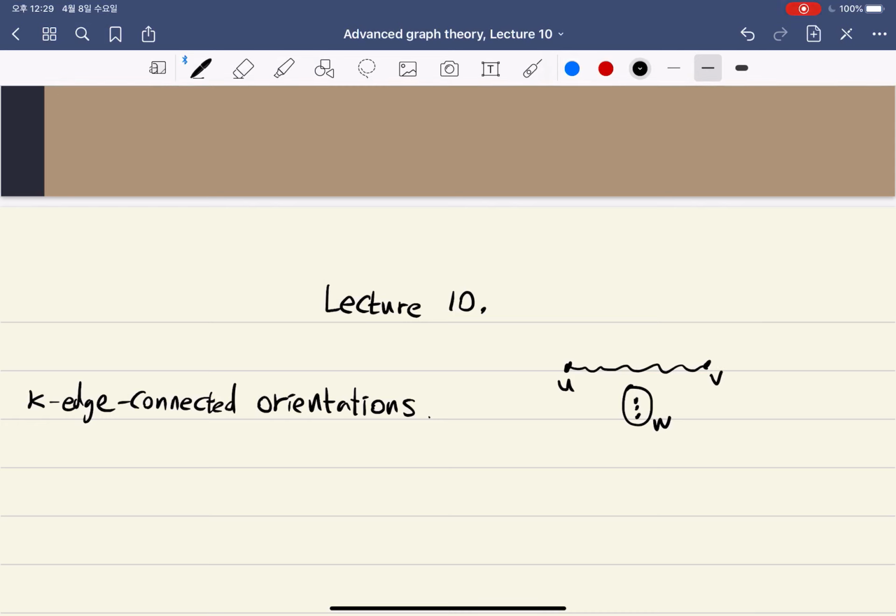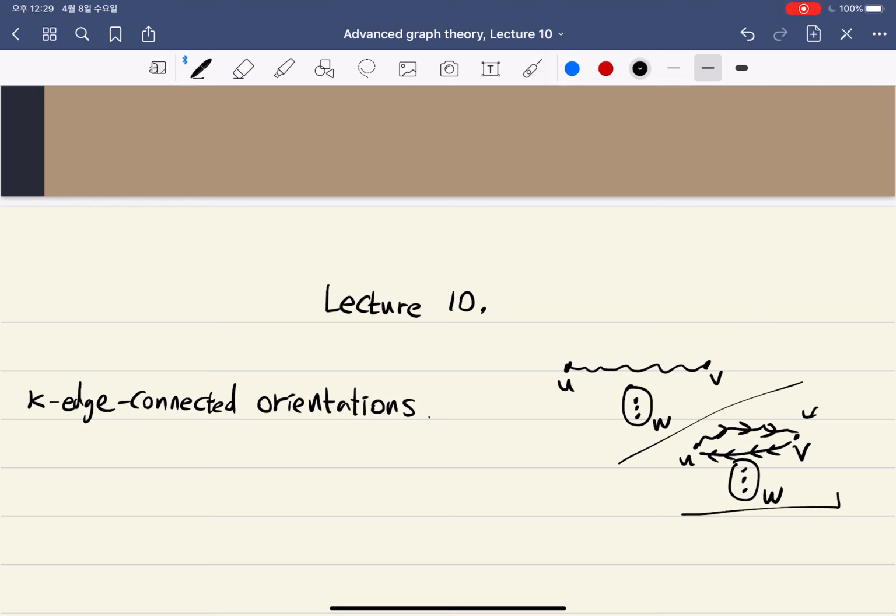However, for the directed graph case, what we want is, even if we delete at most k-1 vertices, we should be able to find a path from u to v, as well as from v to u. Because of that, sometimes the connectivity for a digraph is denoted as strong connectivity.